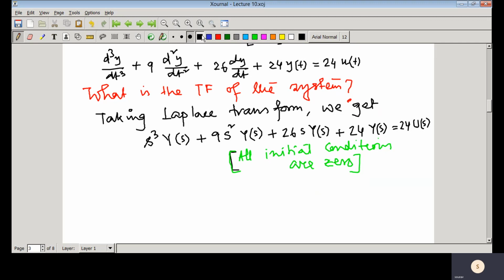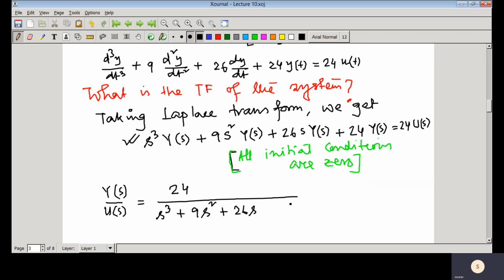So if you take Y common, you can write this particular algebraic equation in this form, that is 24 divided by s cube plus 9s square plus 26s plus 24.